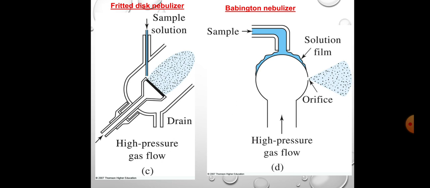When you use, for example, sea water that is very salty, then these types of nebulizers are used instead of the first two nebulizers.